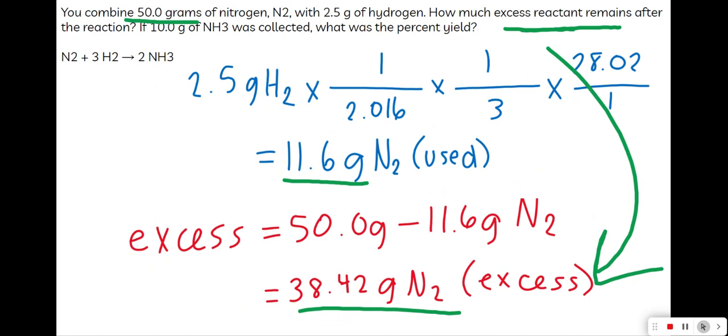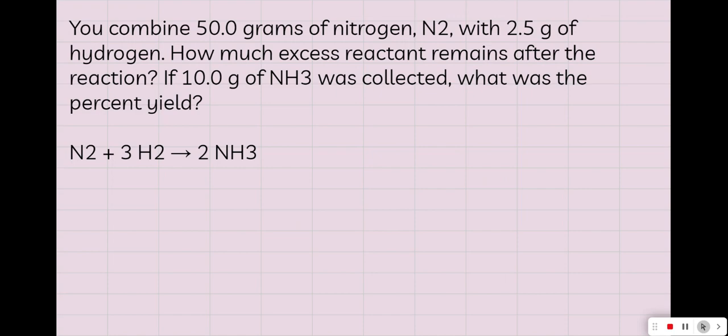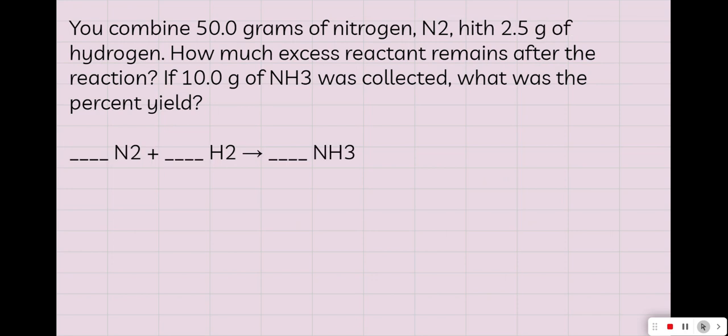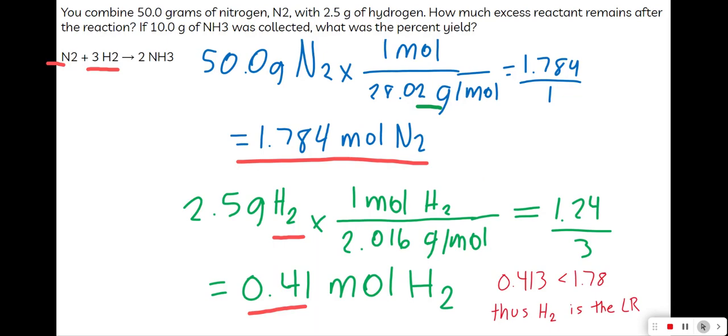So this question took quite a few steps. Let's go over it. We first balanced our equation. Then we stoiched the equation, found the number of moles, and then stoiched the second equation and found the number of moles.